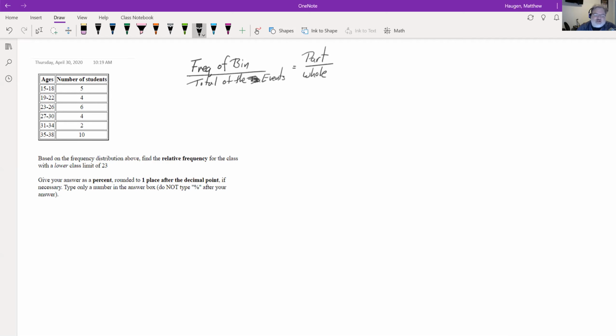Anytime we're looking to find probabilities, ratios, things relative to other things, it's part over whole. So frequency of that bin over the total of all bins. So we essentially need to know how many students we have in total. So we have to first add all these up.